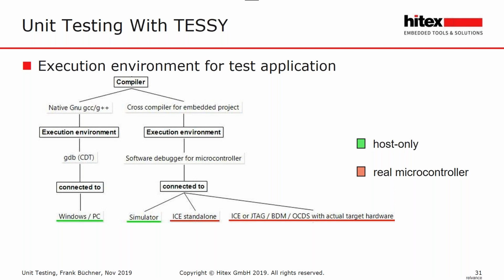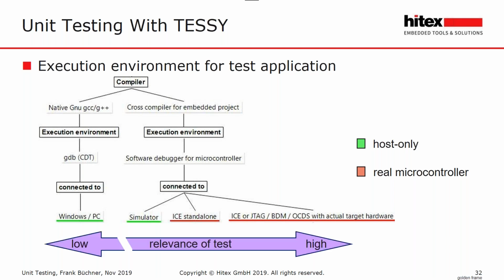Which compiler you use influences the relevance of the test. If you use a GCC compiler, the test relevance is rather low, so you have maybe different integer sizes with respect to your target microcontroller, or different endianness and so on.